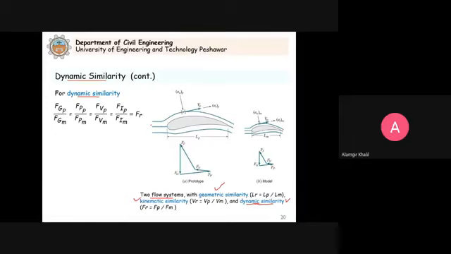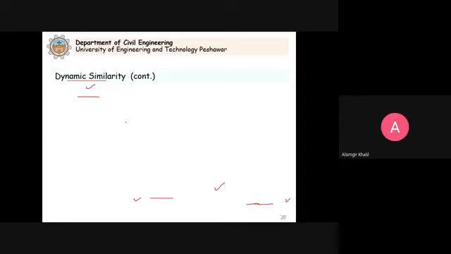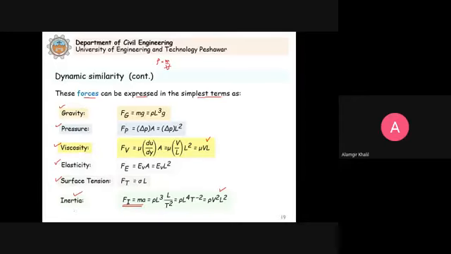Force scale ratio. So this must be a constant. Only then we can say that we have dynamic similarity. Now you see that for this system, we consider four forces. What are the four forces that we consider? Gravity, pressure, viscous, inertia.